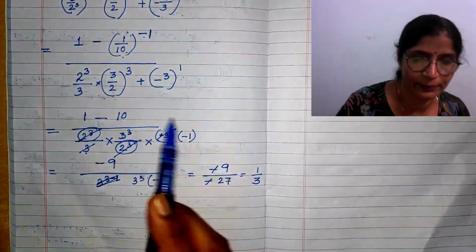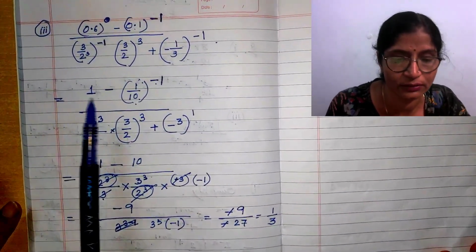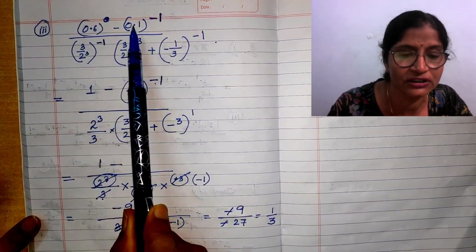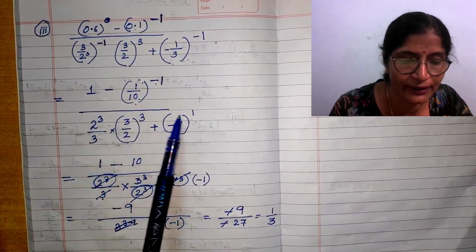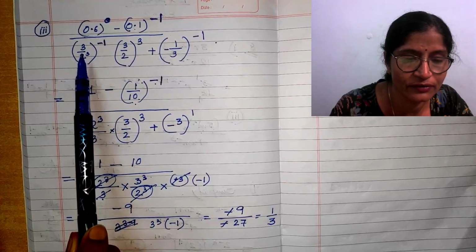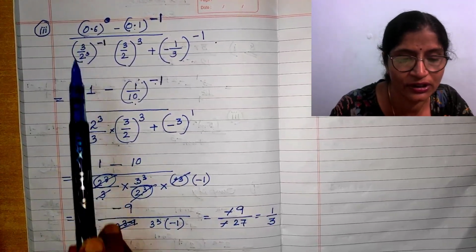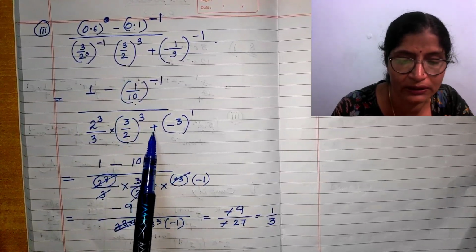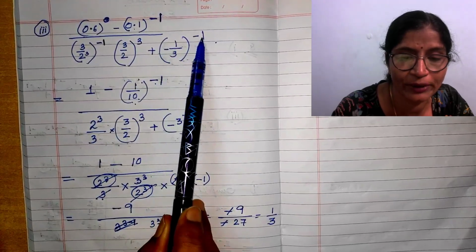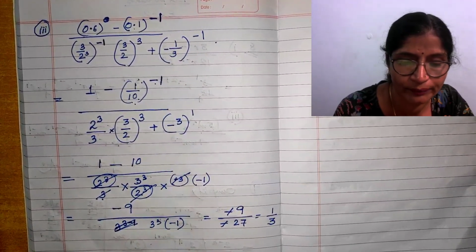Again, I am repeating the same sum. Here it is 0.6 to the power 0, so that is equal to 1, minus this 0.1, which I have written as 1 by 10 to the power minus 1, divided by, to make it positive, this 2 to the power 3 will become the numerator and this 3 will become the denominator, then this is 3 by 2 cube, plus, to make this positive, this denominator taken up, so it is minus 3.